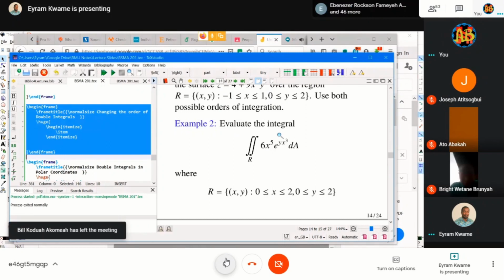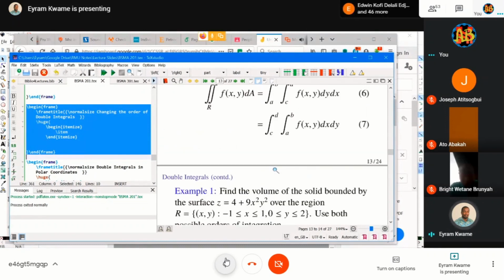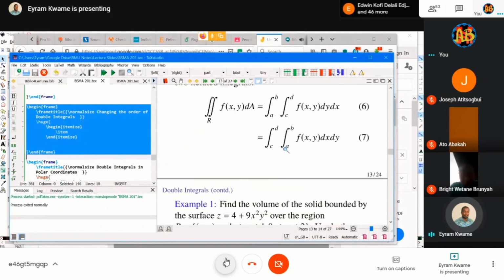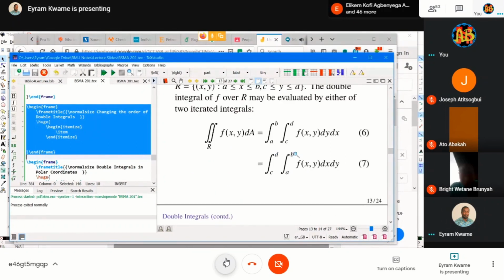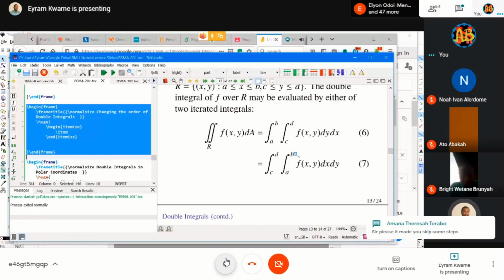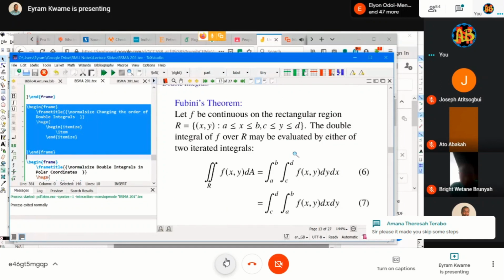This gives me the opportunity to write my script and then run it to generate this output. Go back and look at equations 6 and 7, Fubini's theorem. Did I go through Fubini's or did I just include it?